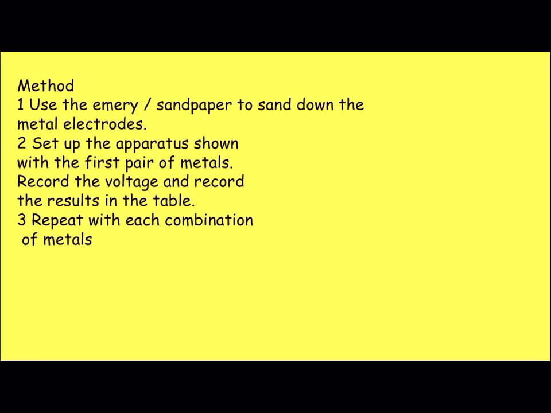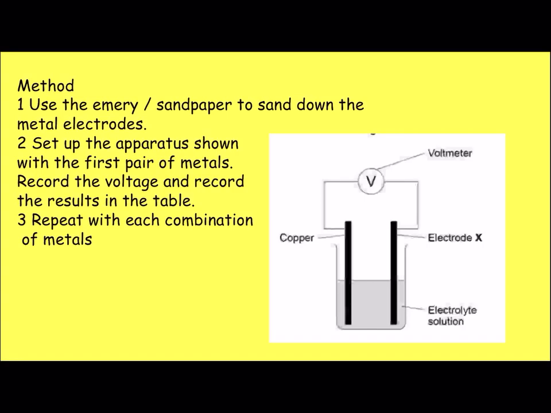So what we'd do, if we had the time, we would sand down the metal electrode just to make sure that there's no other metals on the electrode. We would then set the apparatus up, as we can see here. We'd use one metal, record the voltage, then we'd repeat it with different metals.